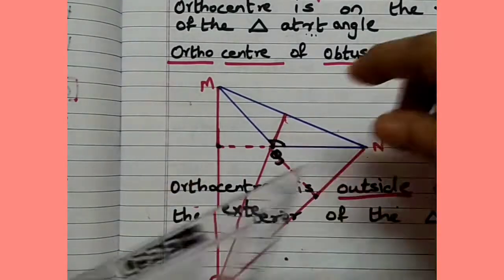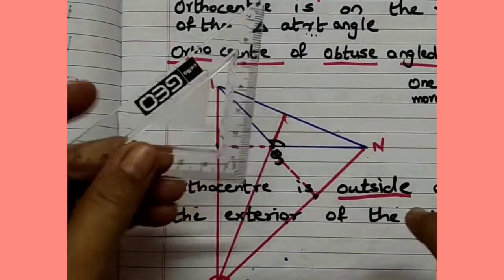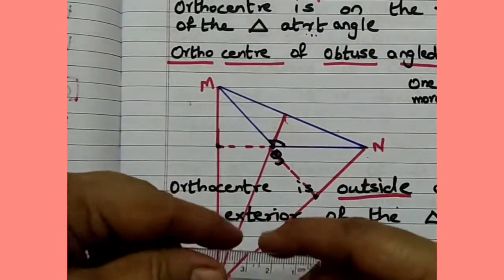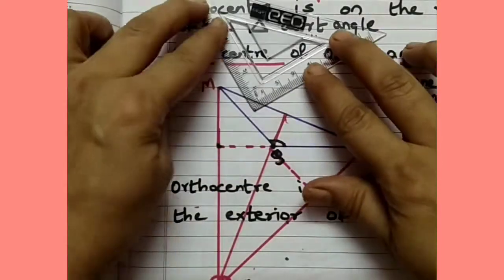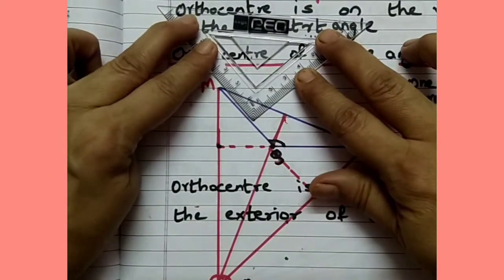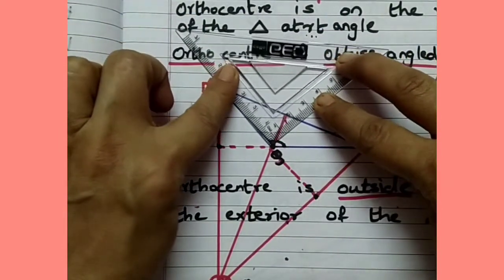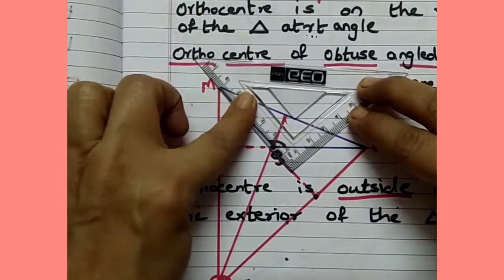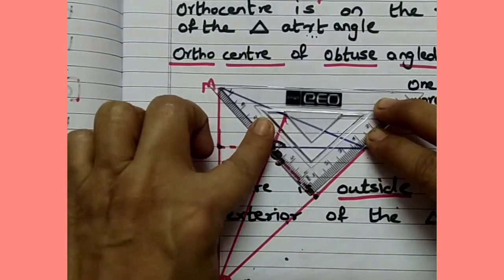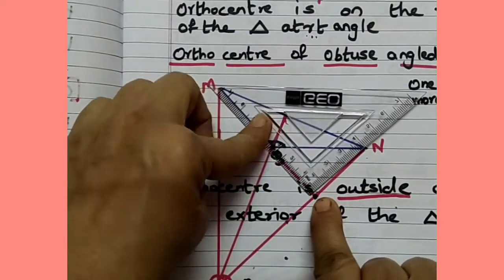Similarly, when I want to draw the altitude from N to the side MQ, I have to keep my set square over here, and I have to move till I come to N. So I have to draw the altitude over here.